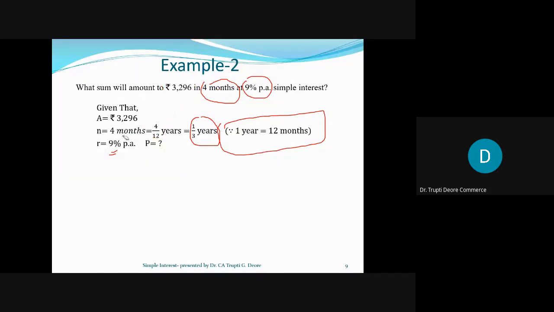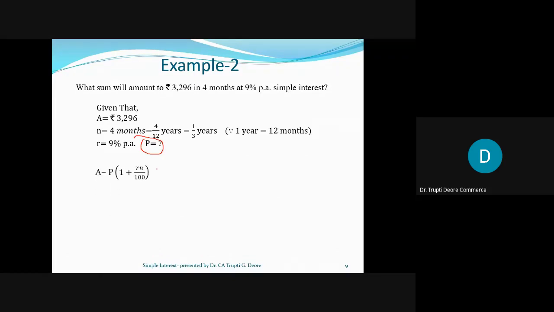Now, given that, which formula will we use? We have to calculate P, right? Interest is not given, amount is given, so we cannot use the formula of I. Why? Because I is equal to PNR upon 100, but I is not given.